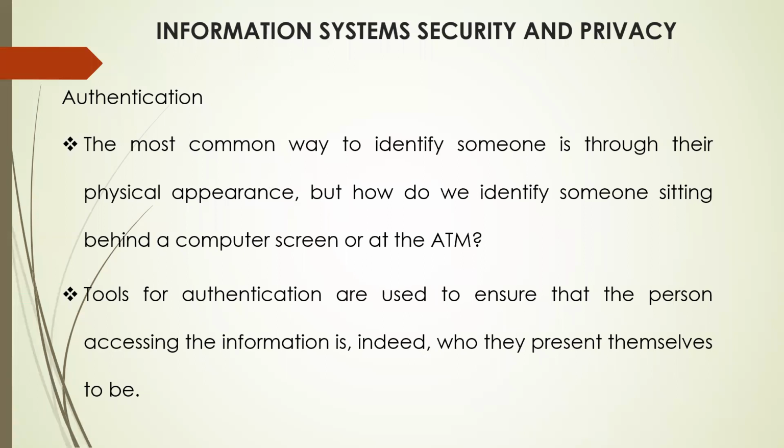So for example, the most common form of authentication today is the user ID and password. In this case, the authentication is done by confirming something the user knows, but this form of authentication is easy to compromise, and stronger forms of authentication are sometimes needed. Identifying someone only by something they have, such as a key or a card, can also be problematic.